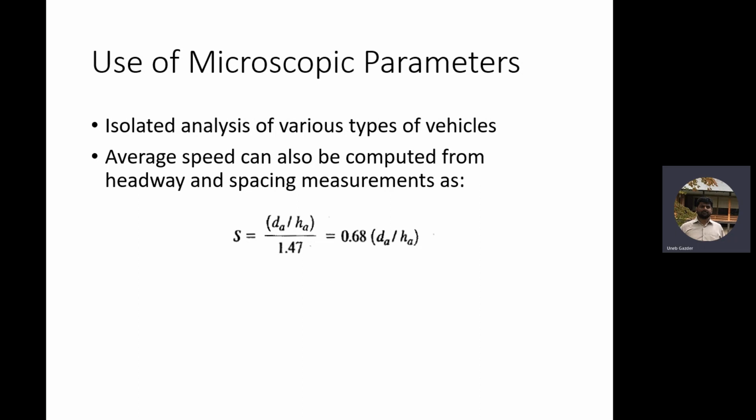And headway is time between two vehicles. So distance between two vehicles over time between two vehicles: distance upon time. Now since you are using average values, this is also an average speed. But we said two types of average speeds, right? Time mean speed, space mean speed. Which one is this?